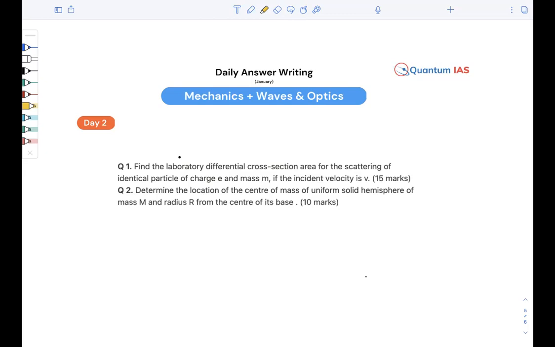Then you can write simply mathematically: differential cross section area is equal to d sigma by d omega, right?